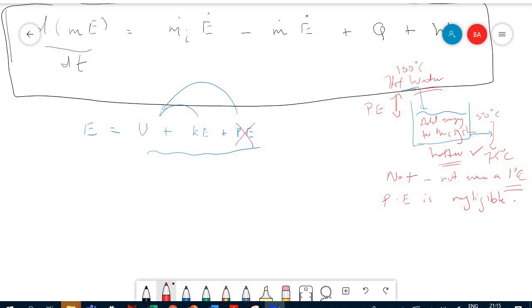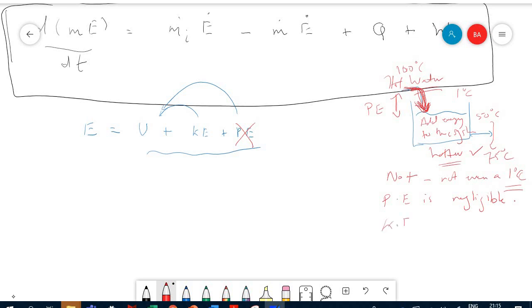Great, we got rid of the potential energy. Now what about the kinetic energy? Would you think that just making your process faster and faster would add 1 degree even to that system in comparison to a hot pot of water? Definitely not.